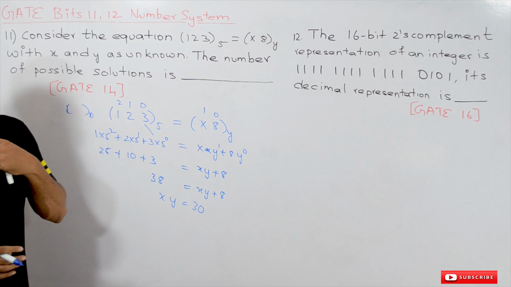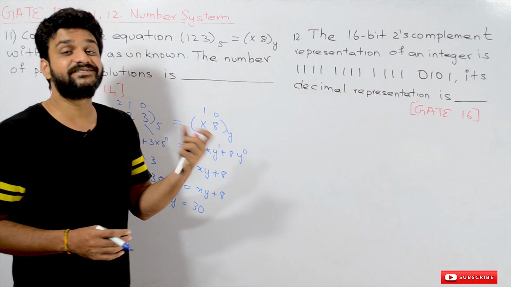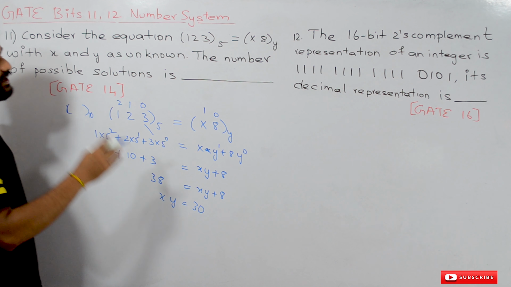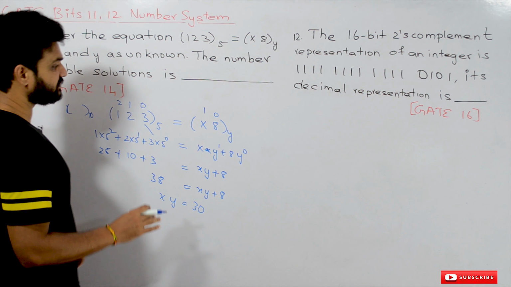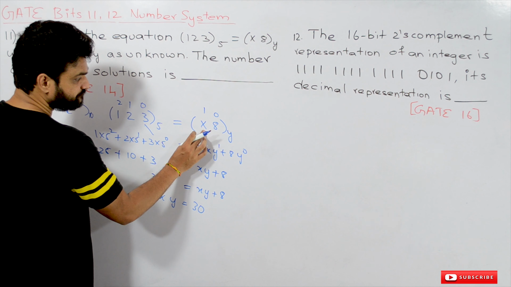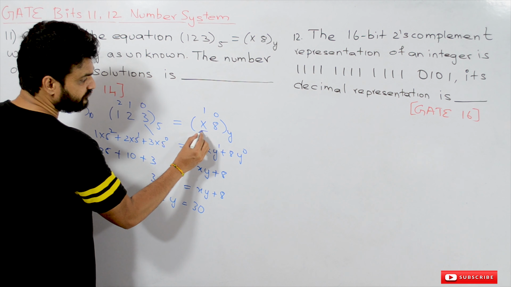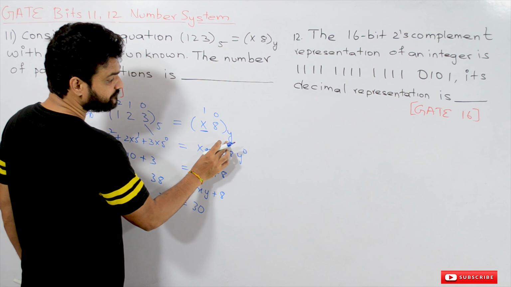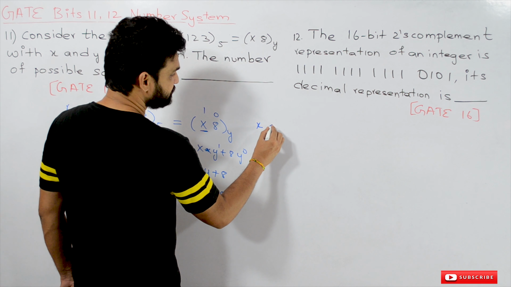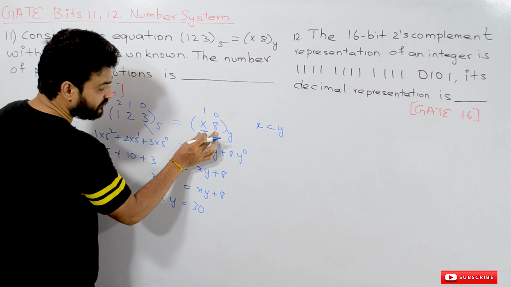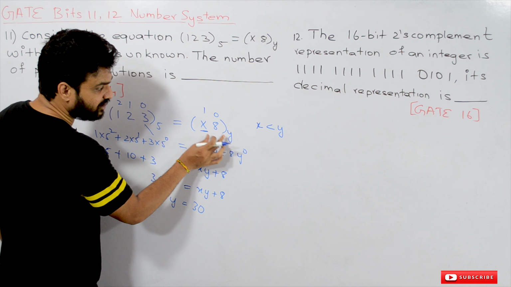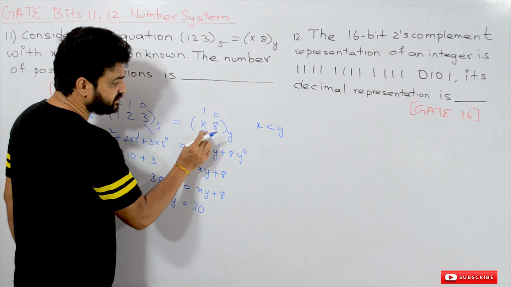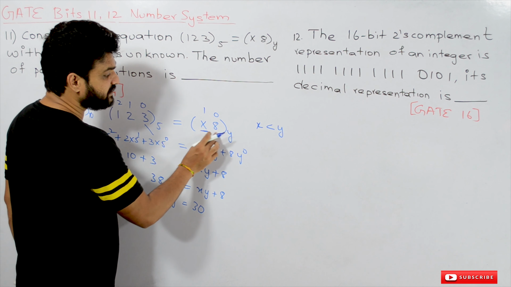Now second, we have to identify the conditions that are available in the given equation. For example, if you take x, the value of x is always less than y, because the digits that are available in the number should always be less than the base.